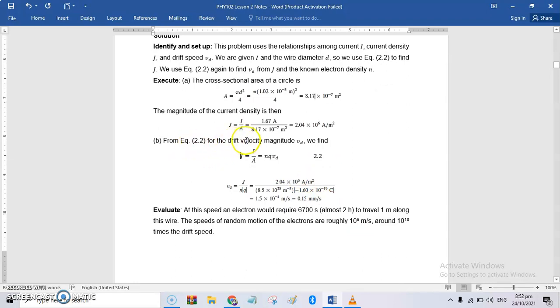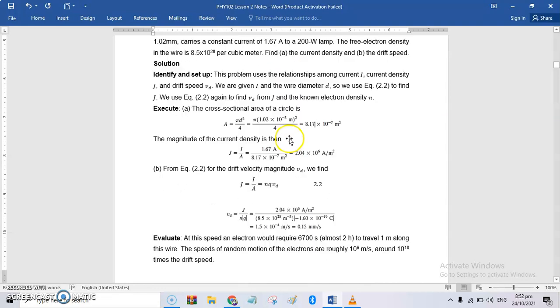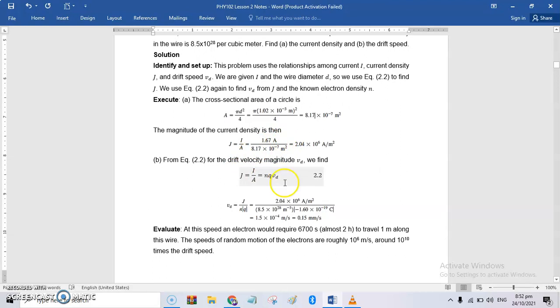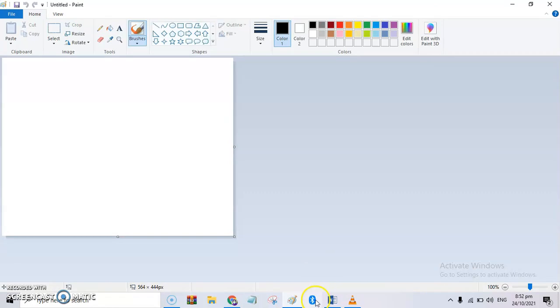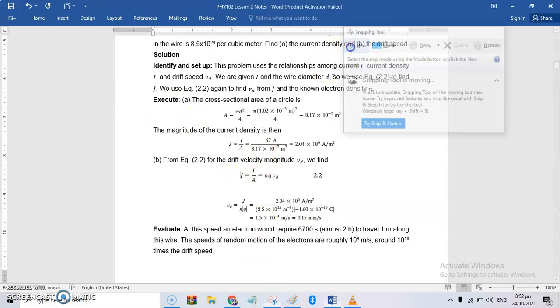Now, for the drift velocity magnitude VD, from this equation we can get the VD. Maybe some of you don't know yet how to convert this formula.